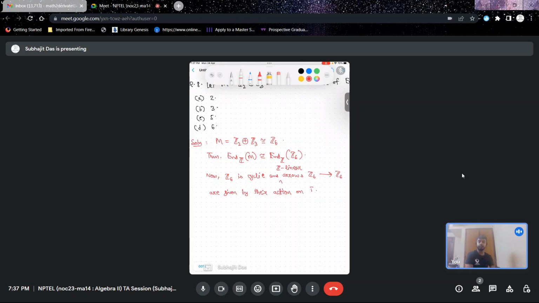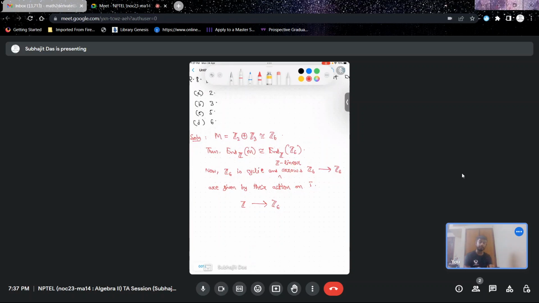So what you essentially want is, any map from Z6 to Z6 gives you a unique map from Z to Z6, and conversely a unique map subject to the property that it sends 1 to some element of order dividing 6 in Z6, right?